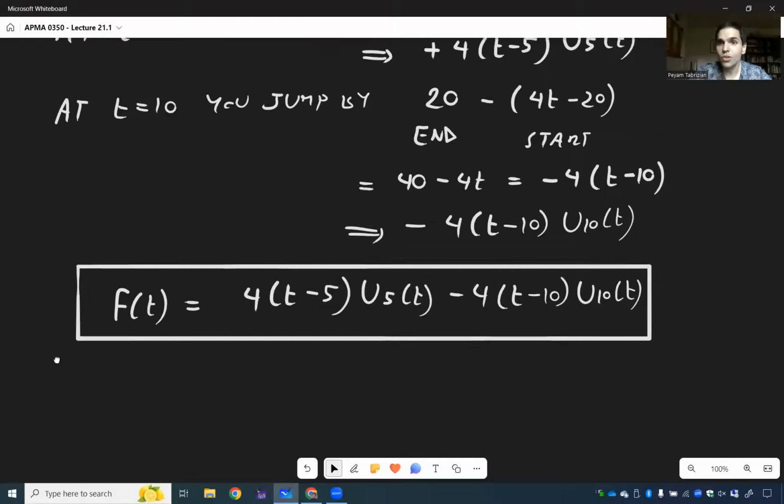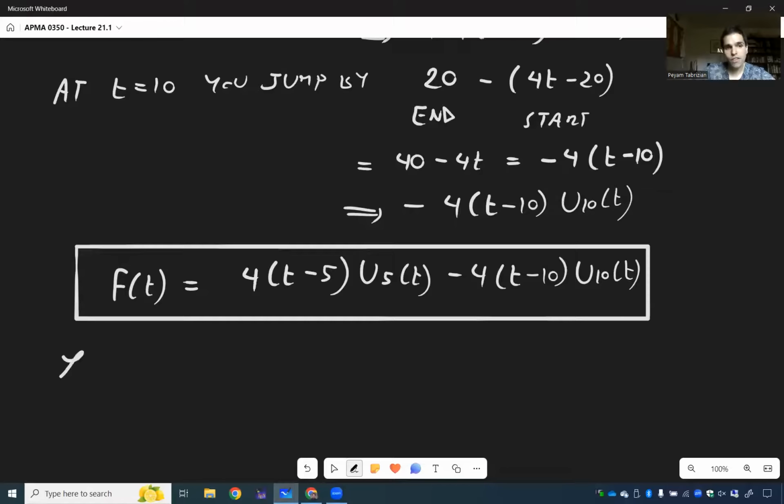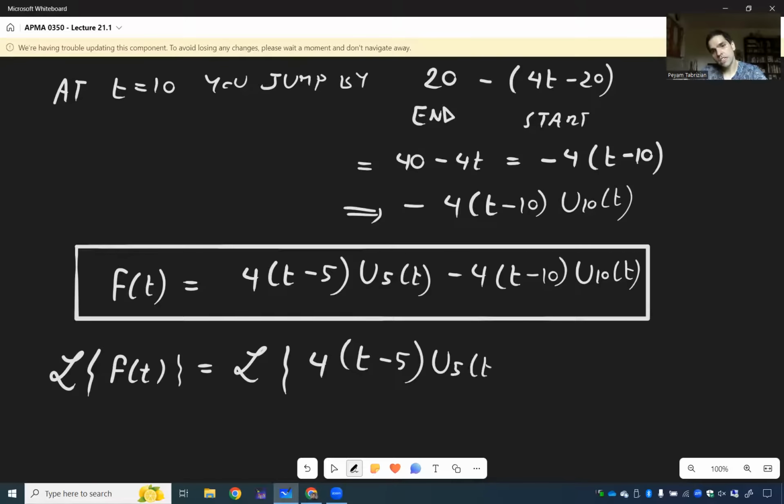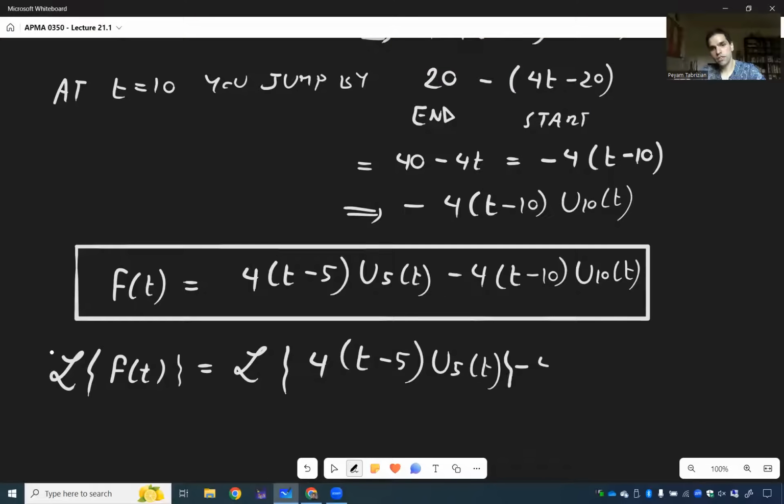And then what we can do now, we can take the Laplace transform of f, L of f of t, then becomes the Laplace transform of 4(t minus 5) u5 of t, and then minus the Laplace transform of 4(t minus 10) u10 of t.